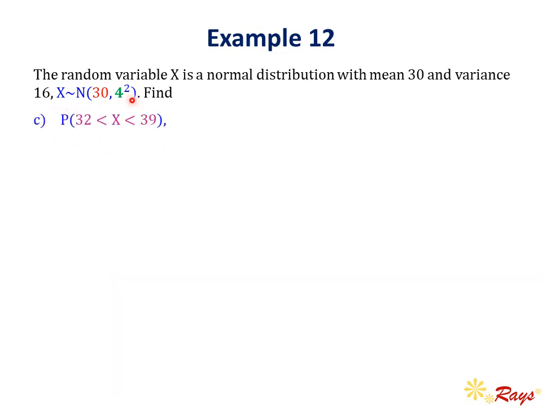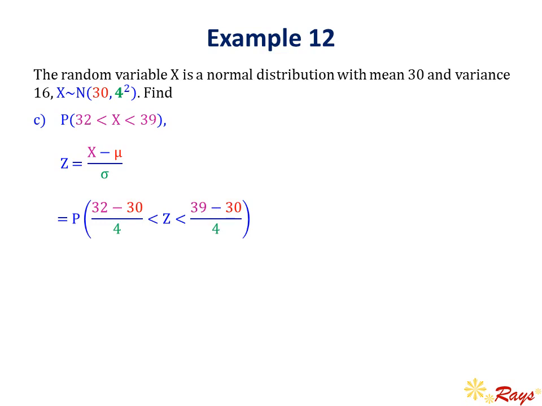Question C. Find the probability of x in between 32 and 39. Observe that both values are positive. So we can imagine that the indicated area is at the positive side. So before we find the probability, we have to convert this into standard normal distribution. So as usual, use this formula.